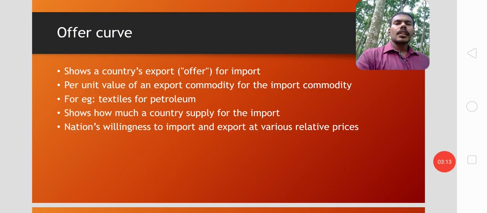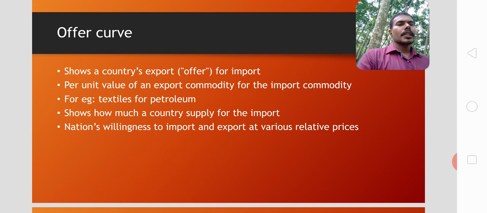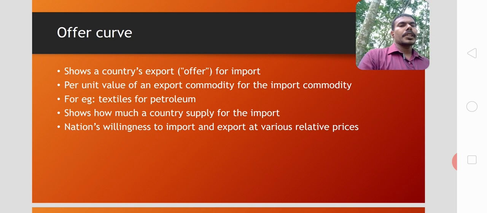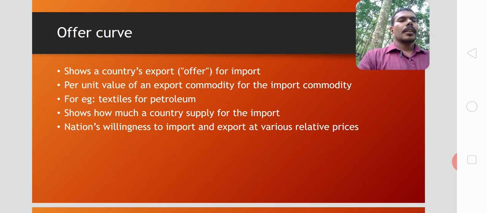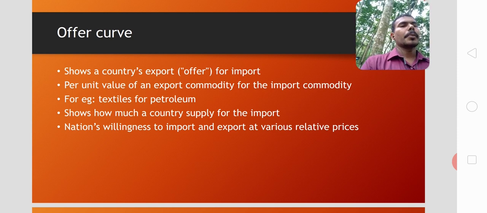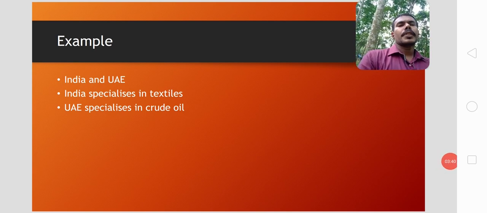This shows how much a country supplies for the import of the commodity. That means how much a country is ready to give for importing something. Then we will understand whether the nation is gaining or losing, before reaching the two nations in equilibrium. So let's look at an example first.